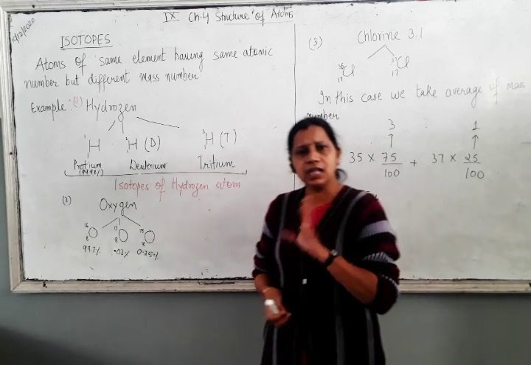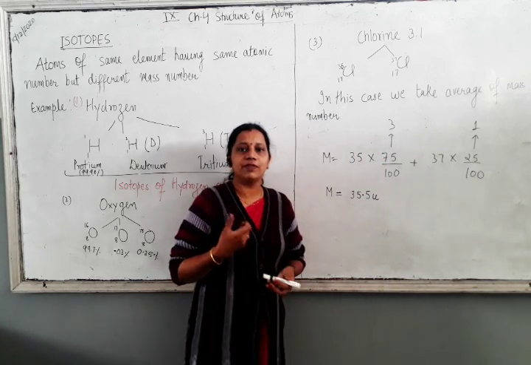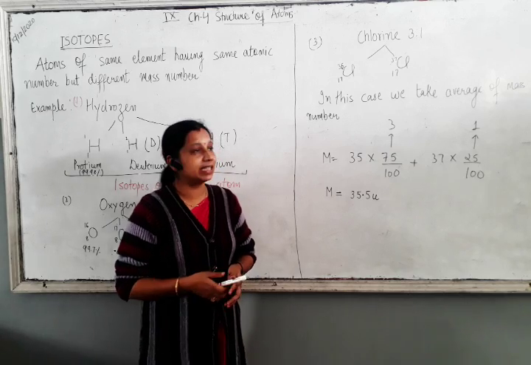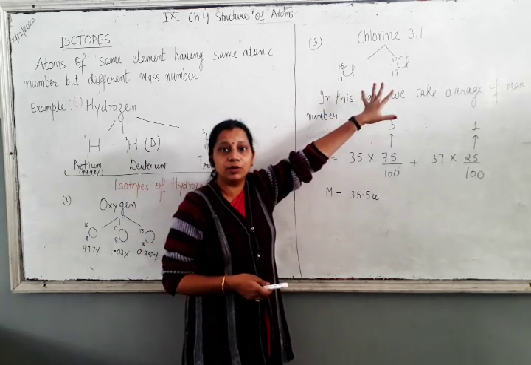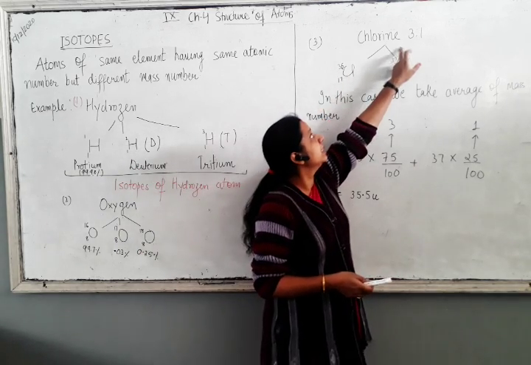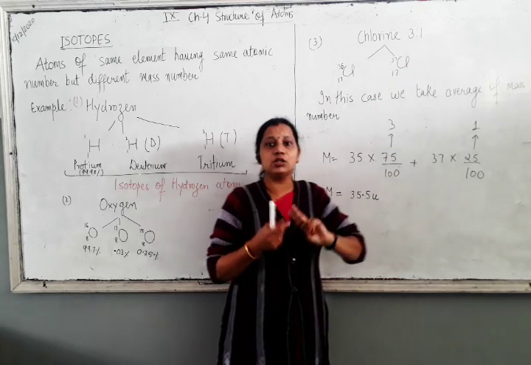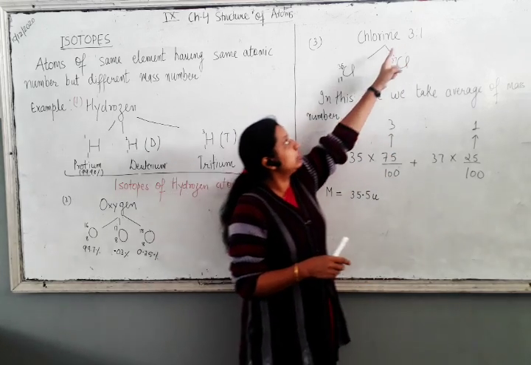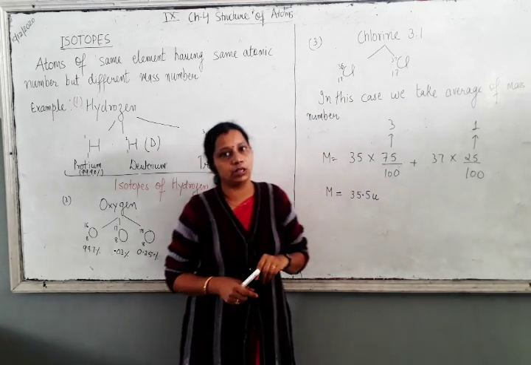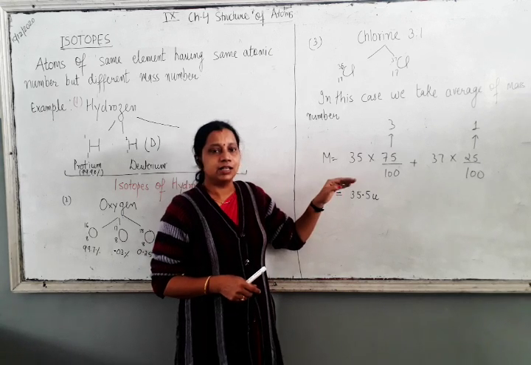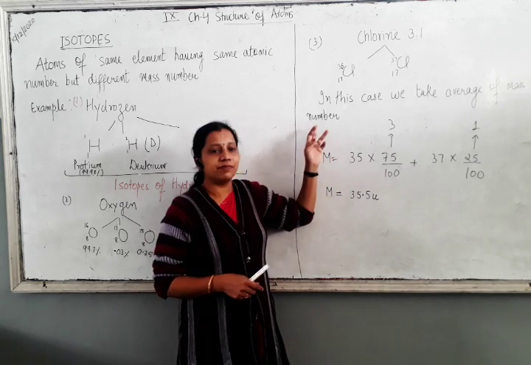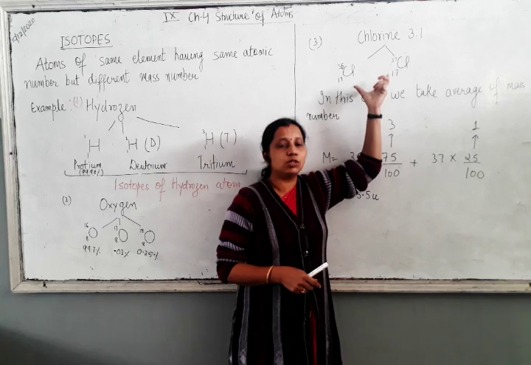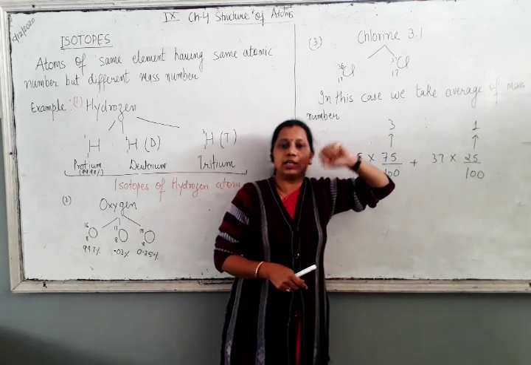But there are certain isotopes of elements which exist in good ratio, like let's say example of chlorine. It exists in 2 isotopes in the ratio of 3:1. That you cannot ignore. So in this case, mass number is found by doing average of the mass numbers of these two isotopes.